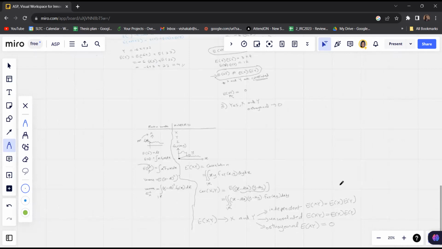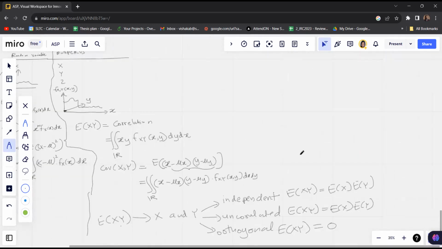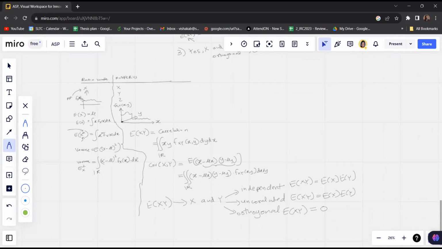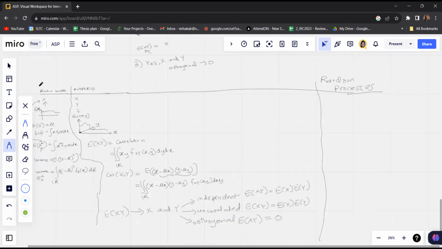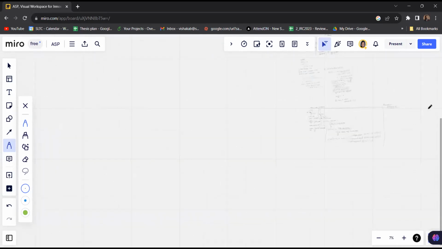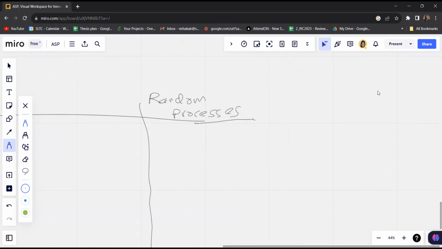So now we are looking to advance this further, by considering random processes. In the random variable case and multiple random variable case, you may remember that we had a physical experiment, and those physical experiments had some different outcomes, right?